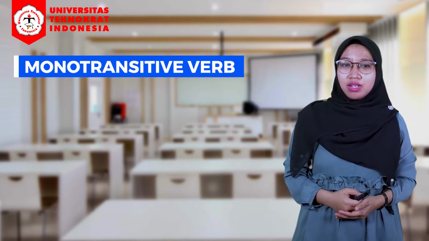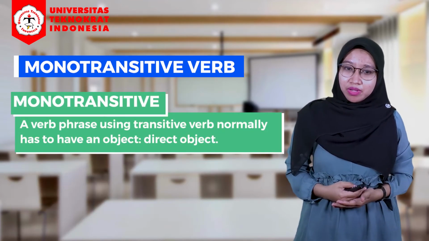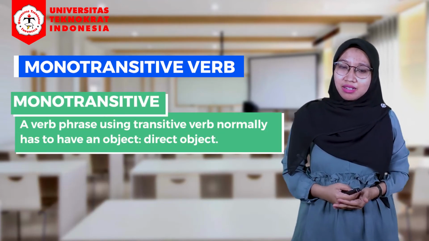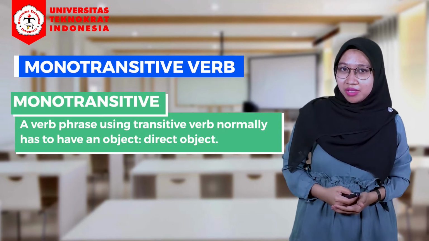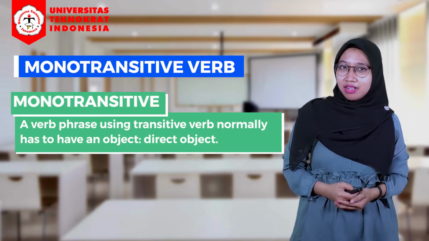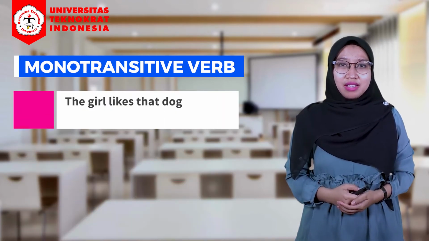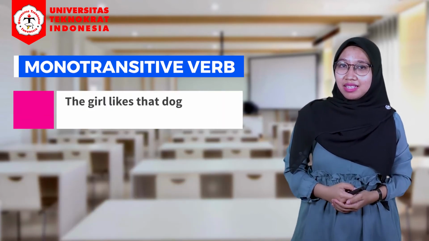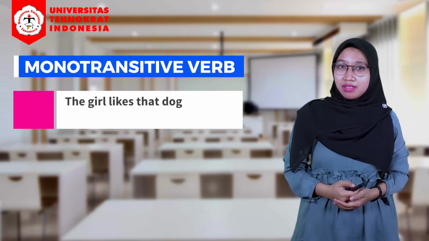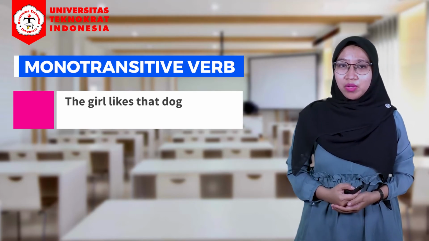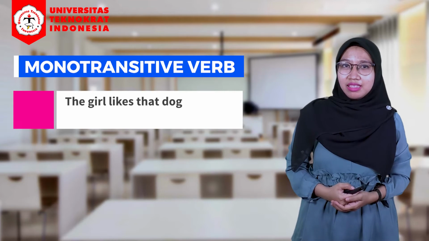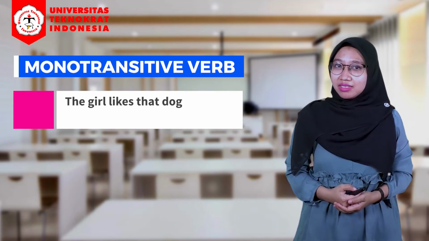The first one is monotransitive. The monotransitive verbs are verbs that normally have one object. This one is the direct object. Let me give you an example. For example, the girl likes that dog. So we have the verb likes, and then we have the object that dog.